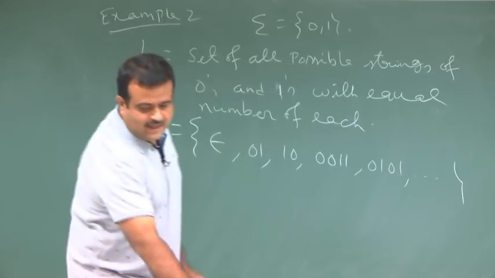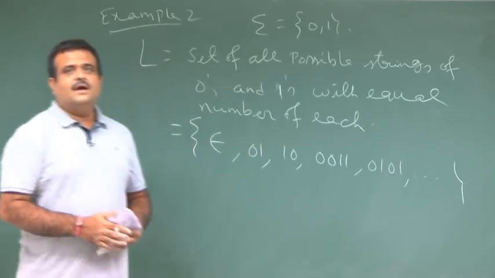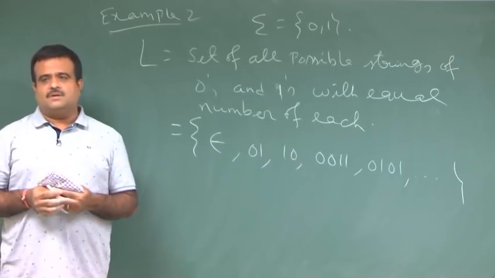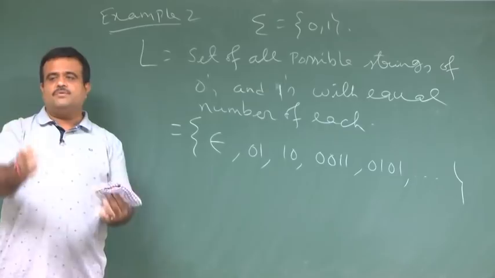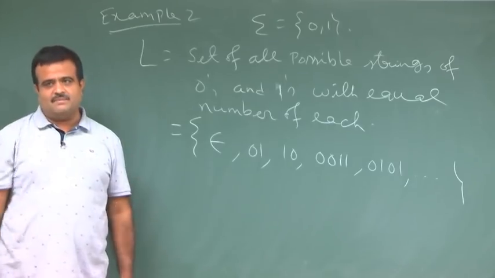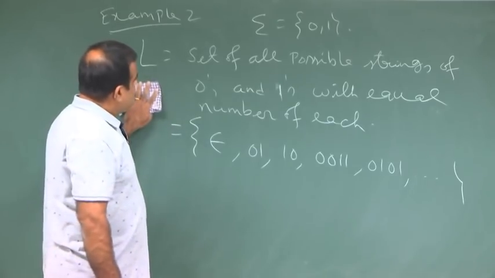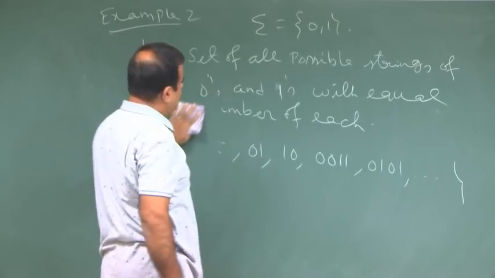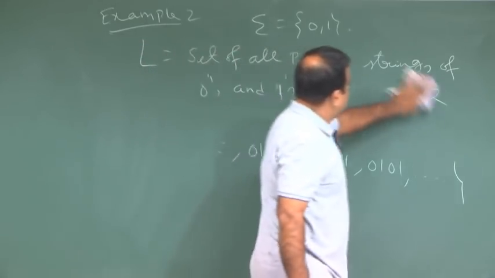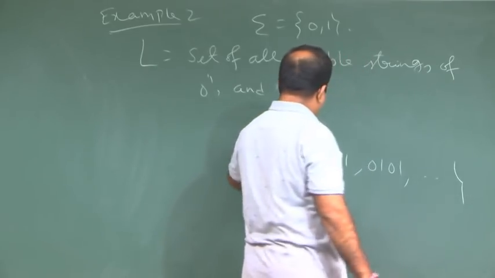So, this is another example of a language. Another example could be like this: we can have a string which is a prime number. These are binary strings, and we convert them into decimal, and that should be a prime number. So, the set of all possible strings of zeros and ones whose value is a prime number.